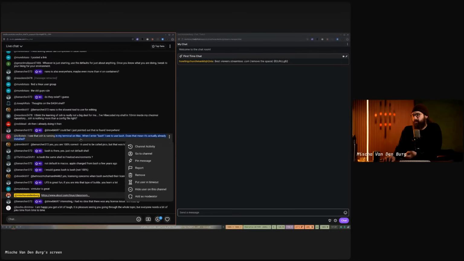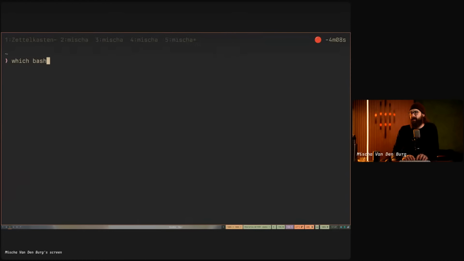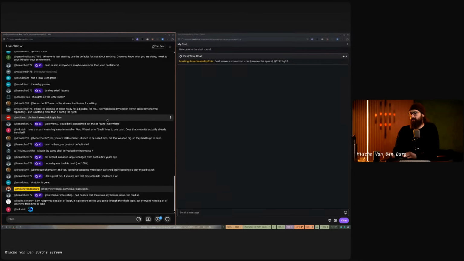Z shell is running on my Mac. Yes, exactly. When I enter Bash, I see to use Bash. Does it mean it's actually already installed? Yeah, the way you can find that out is type which Bash. So which Bash will show you the location of that binary if it's installed. Now, what you do have to consider is that if Mac ships with Bash, it is very likely a very old version of Bash.